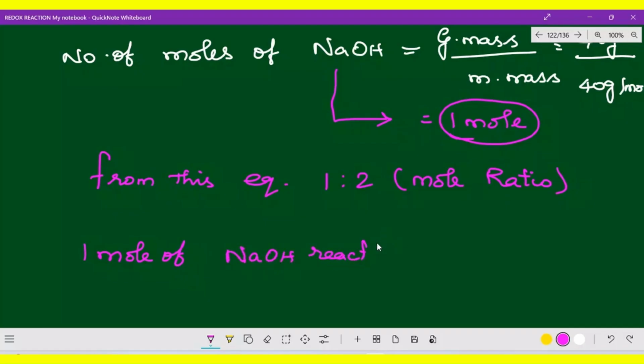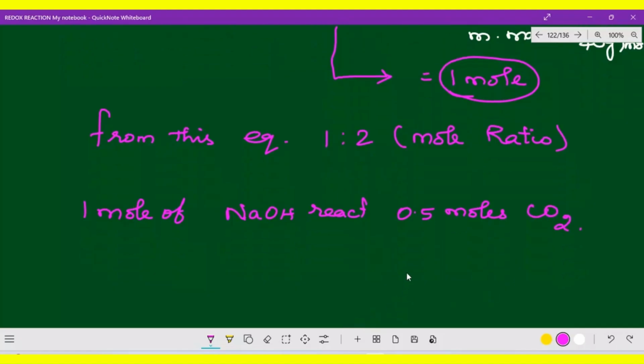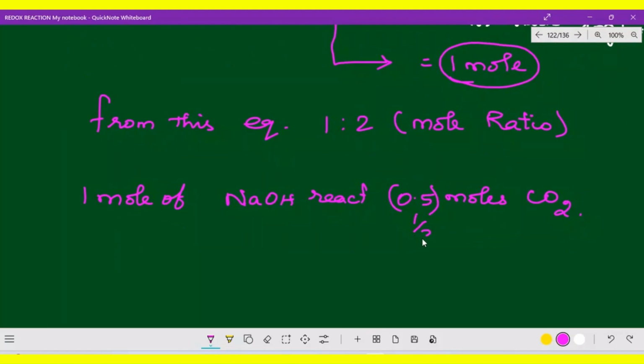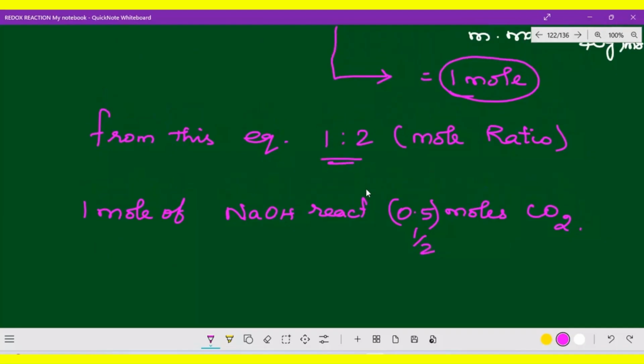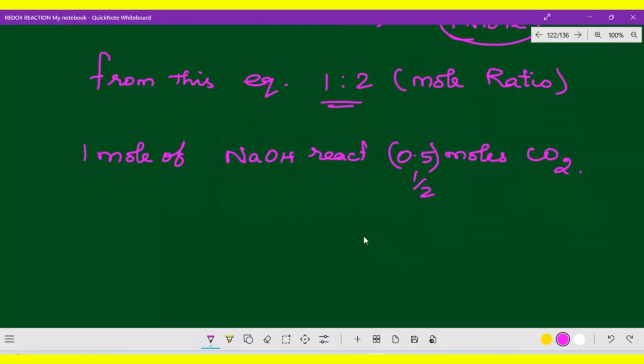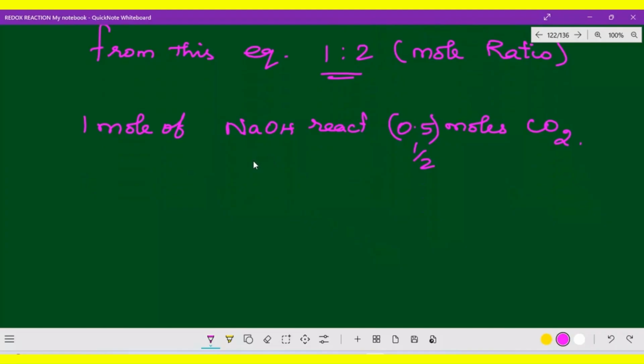I hope you got that idea. So this is 1:half, which means for sodium hydroxide 2, carbon dioxide will be half only.